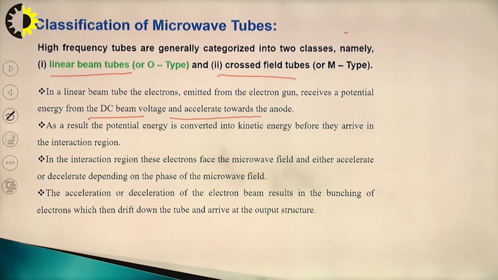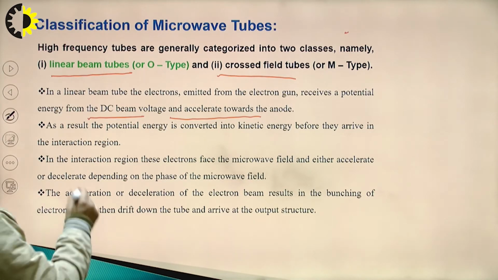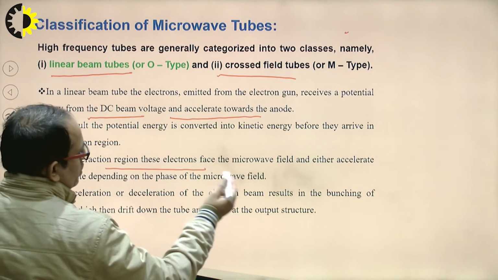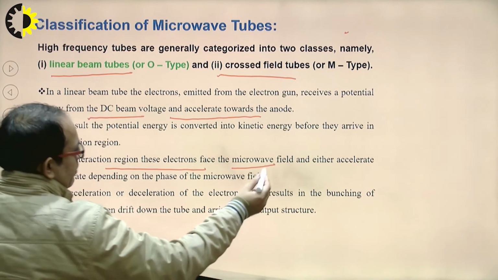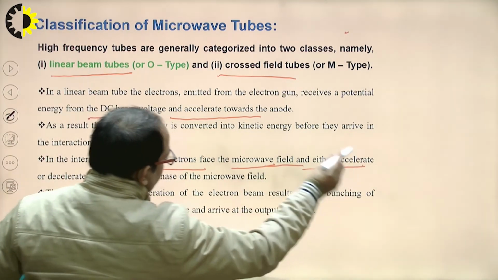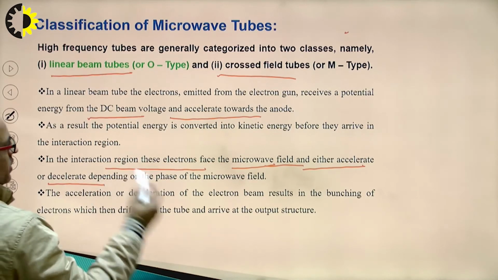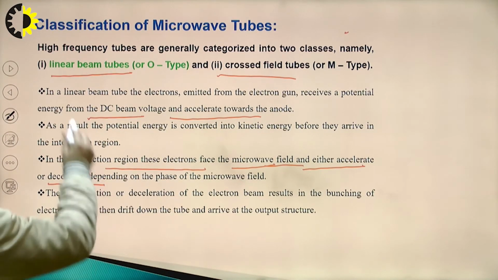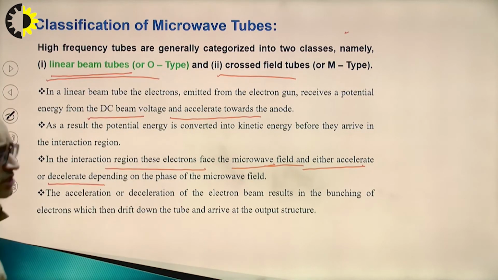Here the electron interacts with the microwave field, and the electron gets accelerated or decelerated. So in the linear beam tube you will mainly see the bunching effect and the velocity modulation.